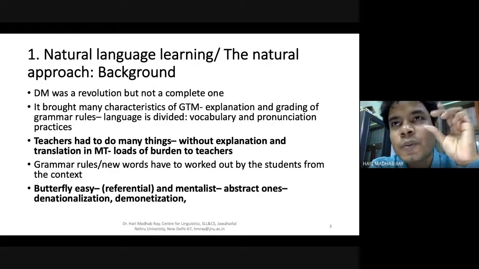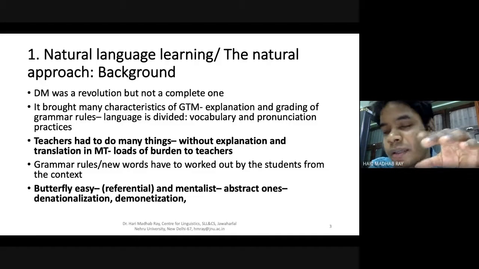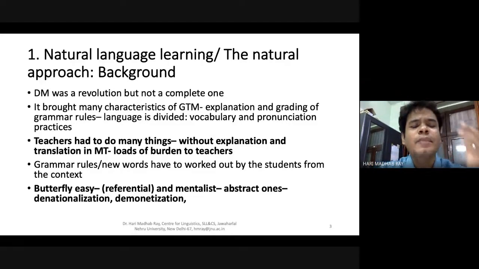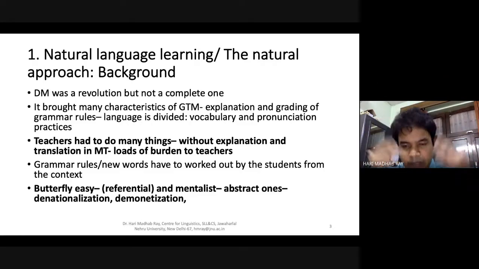There are certain words which have a reference in the real world, let's say the word butterfly. Butterfly can be easily translated. It's very easy, but in language you have many very abstract notions, and somewhere they belong to the mind also.